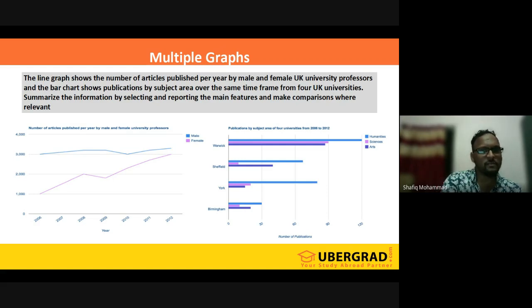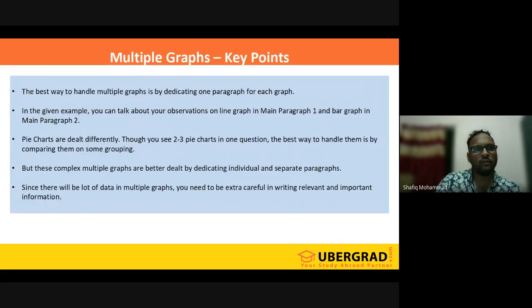So, are there any other responses for it? Let's go to the overview. Before going to the overview, I just want you to have a look at this. The best way to handle multiple graphs is by dedicating one paragraph for each graph. Firstly, you'll write the introduction, then the overview. That is always there. After that, you're going to write the main paragraph.